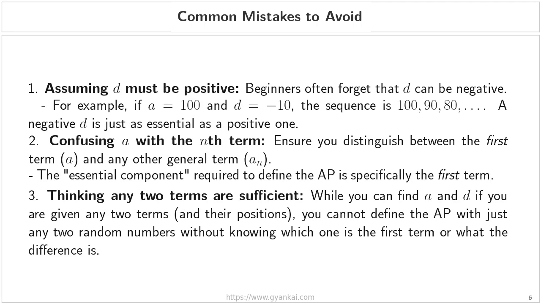Finally, do not fall into the trap of thinking that any 2 random numbers are sufficient to define an AP. Now, to be fair, if you're given 2 specific terms and you know exactly which positions they hold in the sequence, you can use algebra to calculate both A and D. However, if I just hand you 2 random numbers without telling you which one is the starting point or what the gap between them is, you won't be able to build the sequence.